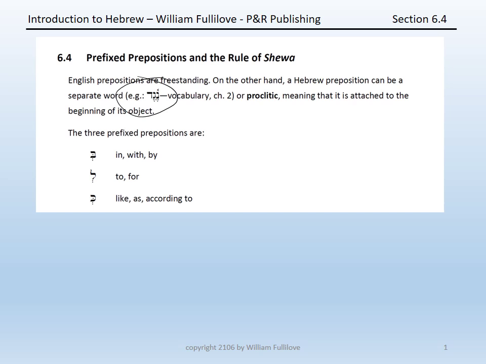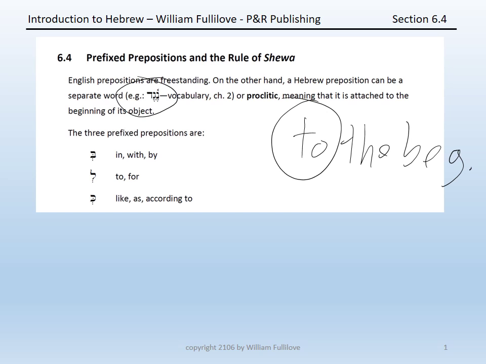To illustrate what we mean in terminology, when we say "to the beginning" in English, "to" is the preposition, and "beginning" is the object of the preposition, that the preposition governs, you might say.